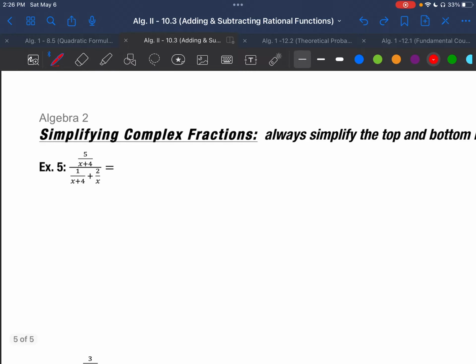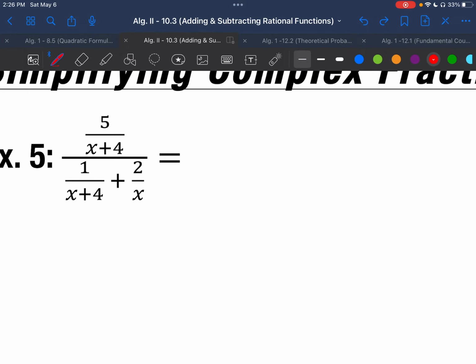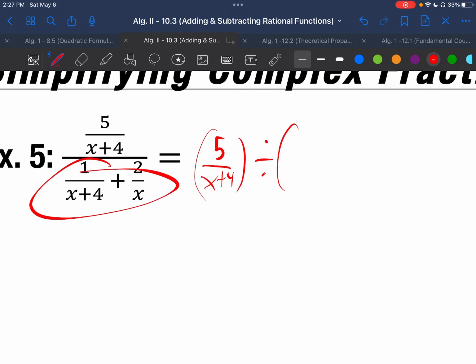So what I mean by that is I'm going to quite literally write this where I'm going to write the first fraction in a parenthesis. I'm just going to put a division symbol and then put this entire second fraction in there as is.